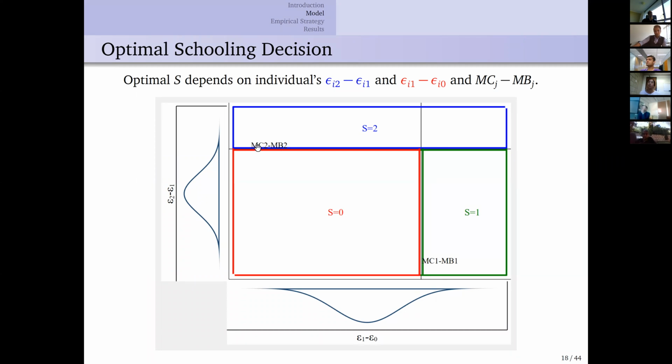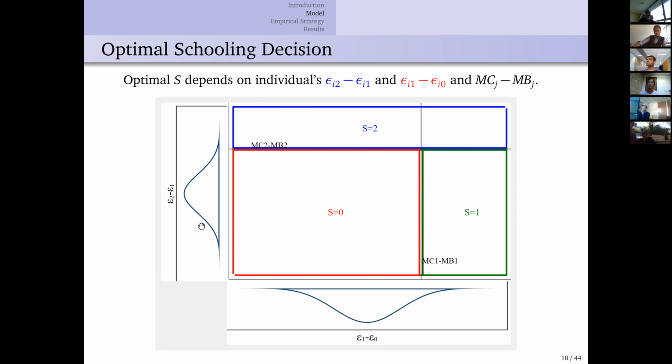So this is your marginal cost of 2 minus the marginal benefit of 2, marginal cost of 1 minus the marginal benefit of 1. And based on where your error terms lie relative to those cutoff points, you can figure out who's going to get 0 years of school, it's that red rectangle here, who's going to get 1 year of school, and then who's going to get 2 years of schooling.